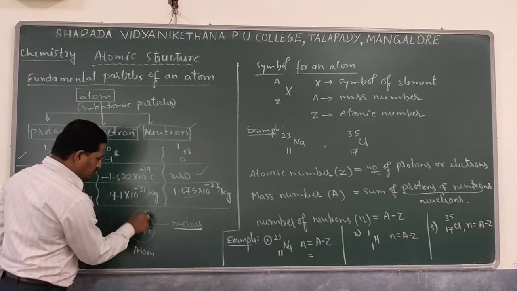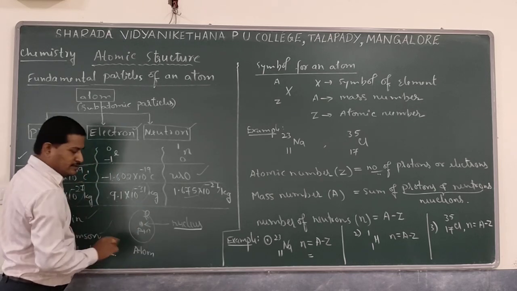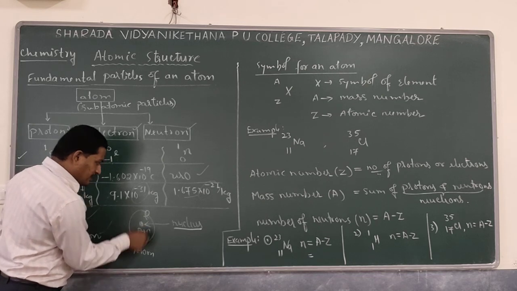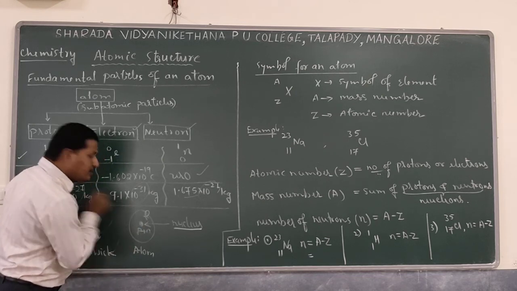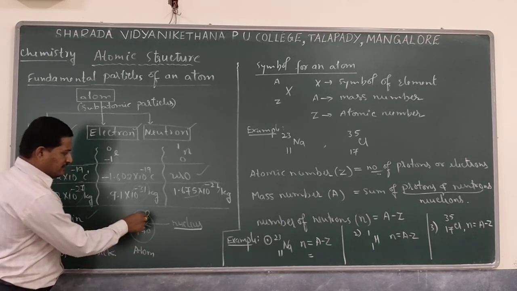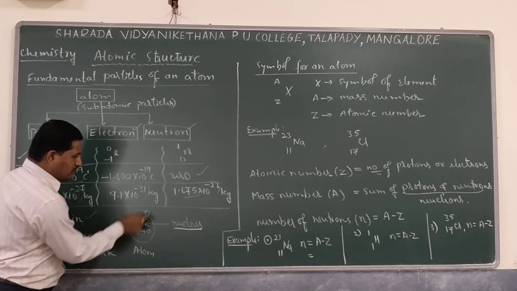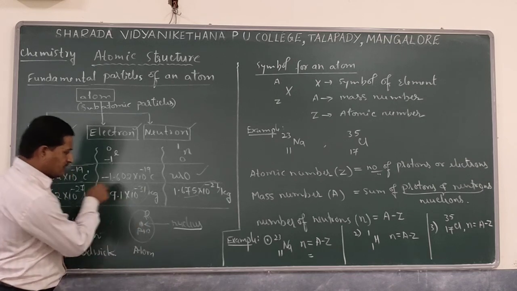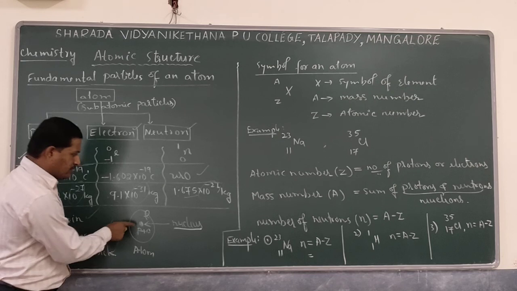But electrons are present outside the nucleus, moving around the nucleus. Remember, protons and neutrons are static, they are at rest, whereas electrons are moving around the nucleus. Electron is one of the fundamental particles present outside the nucleus. It is not a part of the nucleus.